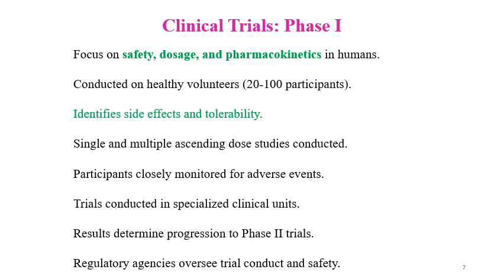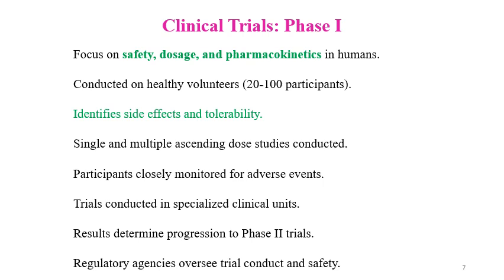In clinical trial phase 1, the focus is on safety evaluation, dose evaluation, and evaluation of the pharmacokinetics in humans. In a phase 1 study, healthy volunteers or patients may be selected, which are generally 20 to 100 in number.